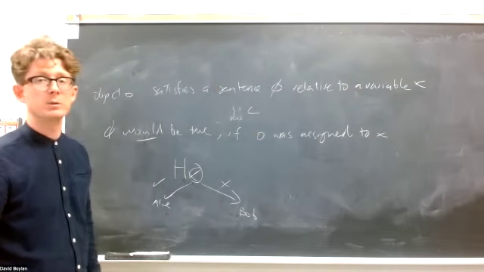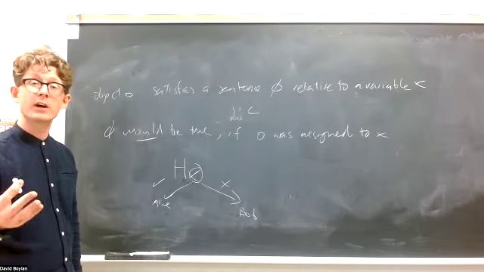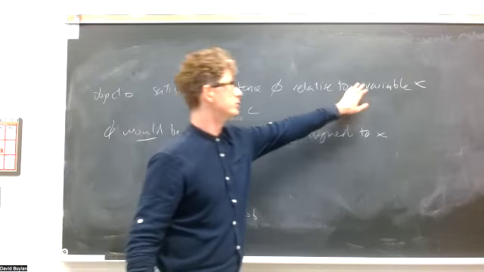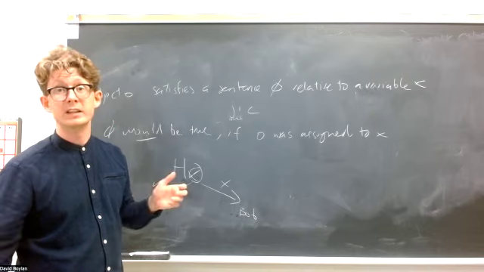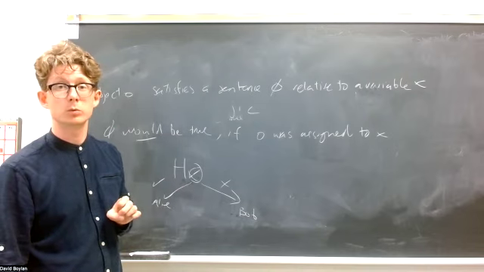So that's just the idea that we talked about a moment ago. You satisfy a sentence relative to this variable just in case if you assign that object to the variable, the resulting sentence would be true.